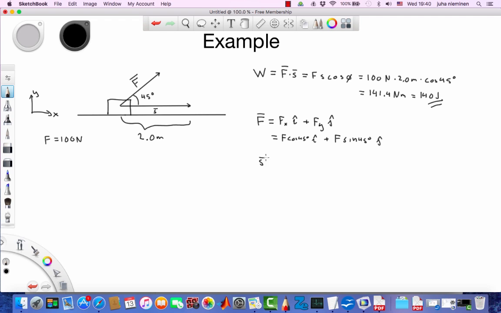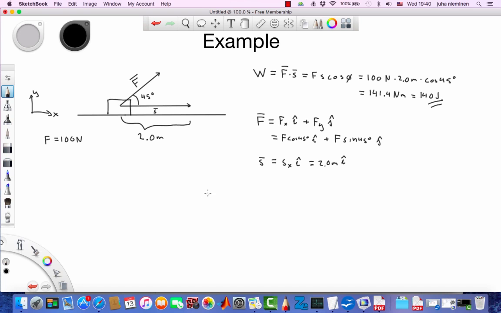And then S has in fact only the x component in the i direction, so the x component itself is 2 meters.